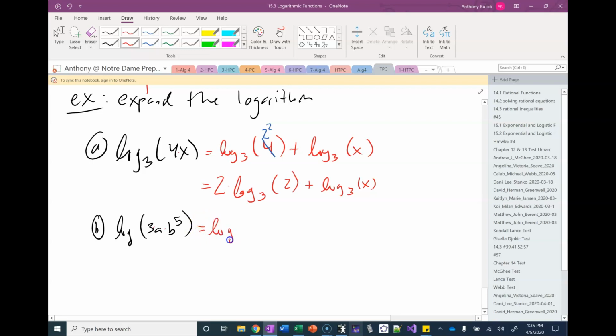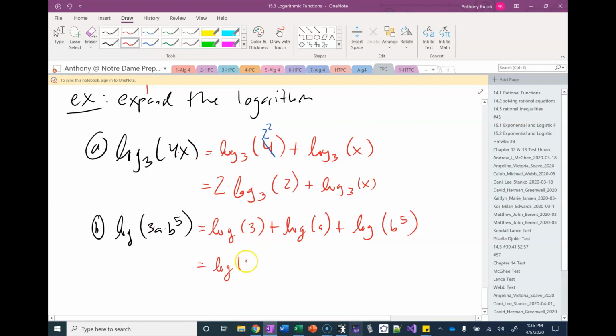So when I apply that product property, I would get this. The last thing I'm going to look for is power properties. There's no power property here because we have 3 to the first, and 3 can't factor any further because it's prime. Here we have a to the first, but here we have b to the 5th. So here we have another power property.